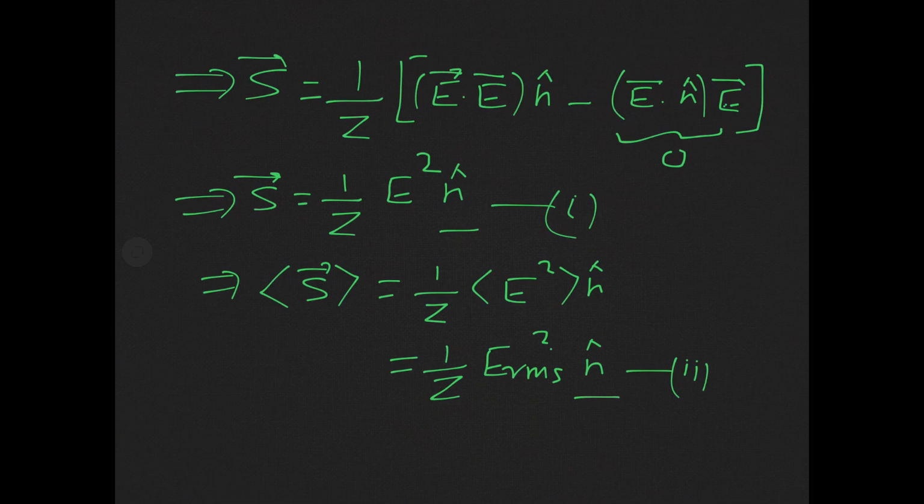As you have seen earlier, in this case our Poynting vector is related to Z naught. Now we will discuss another important property of this wave propagation, and that property is energy density.